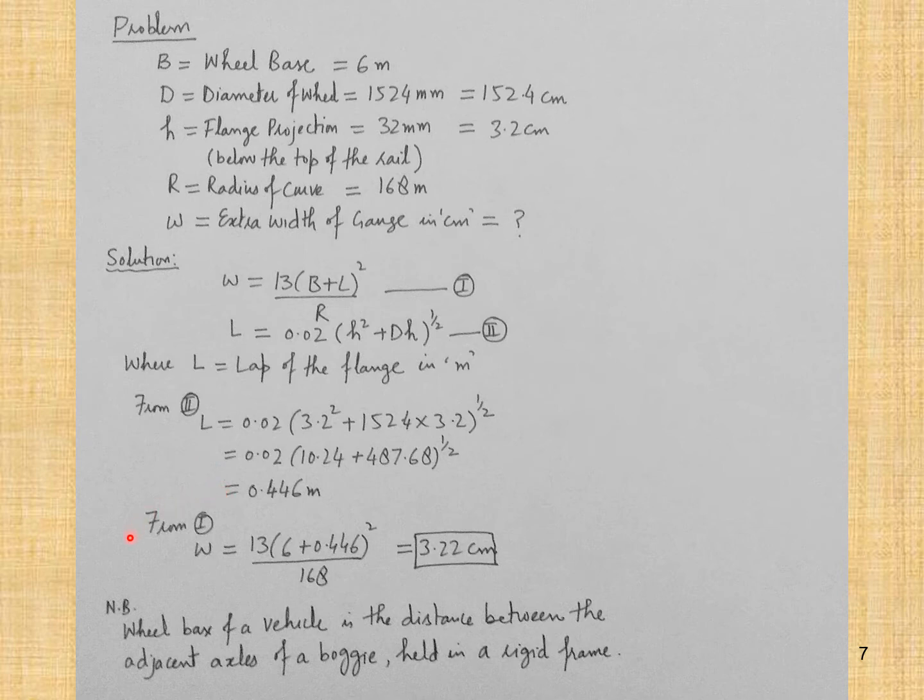Then use equation 1, and in this way you have got the extra width that is to be provided on the curve, that is 3.22 centimeter. And here you can see the wheelbase definition: the wheelbase of a vehicle is the distance between the adjacent axles of a bogie held in a rigid frame.